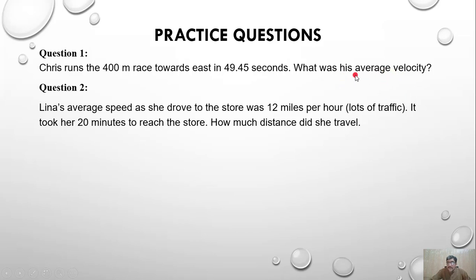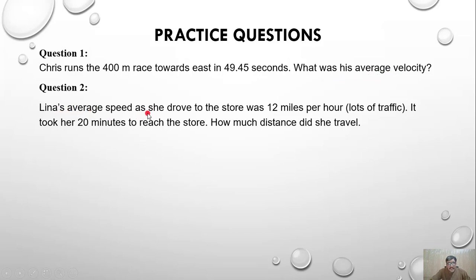So here you have to calculate the average velocity because distance is given to you, but along with this distance direction is also given. So this is your displacement, time is given to you, apply the mathematical expression of average velocity, you will be able to calculate this. Question 2.